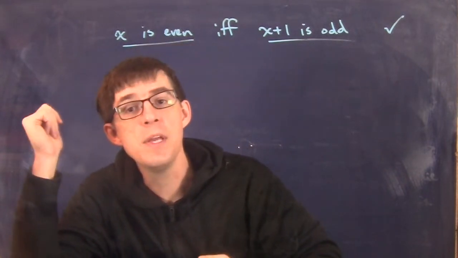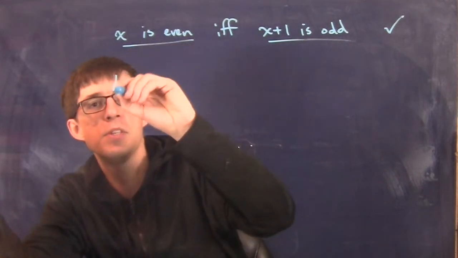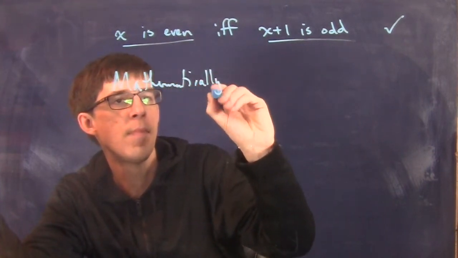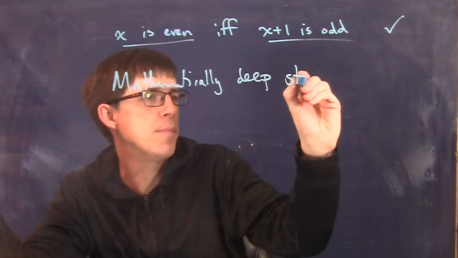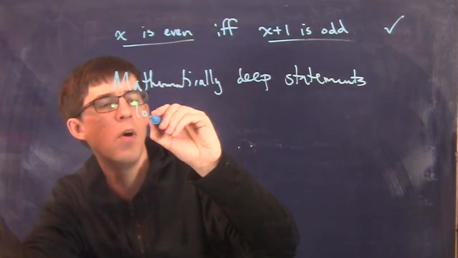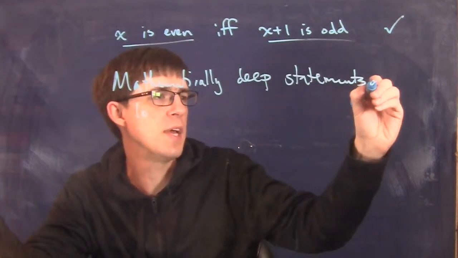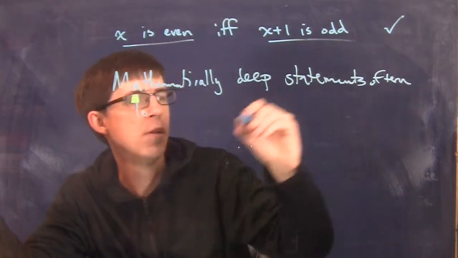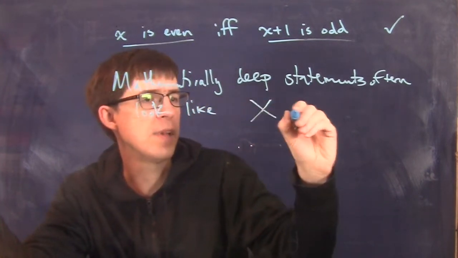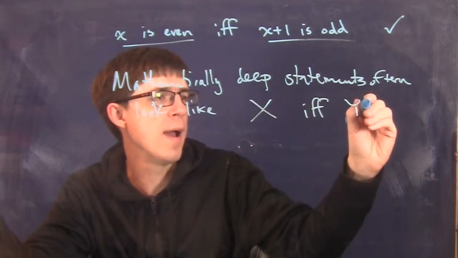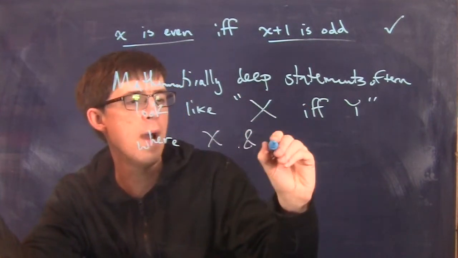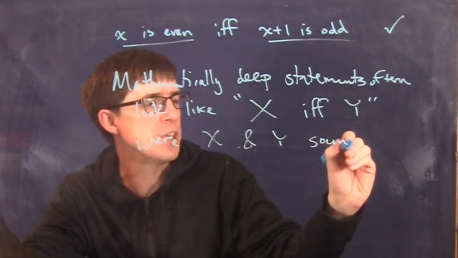All right. What would be interesting is, let me just say that mathematically deep statements often, I mean, this is not always the case, but often look like something like x if and only if y, where x and y sound different.